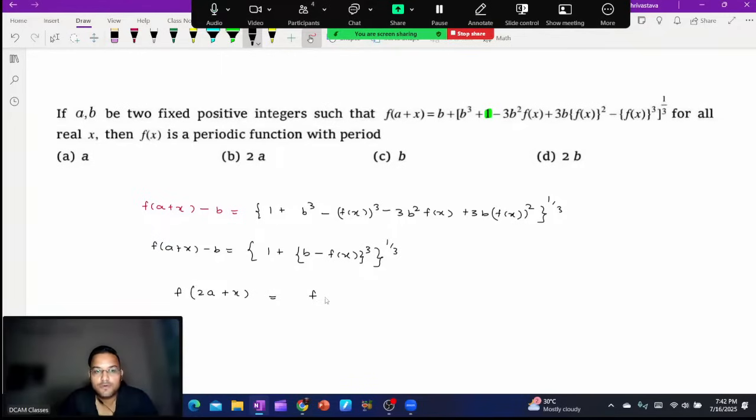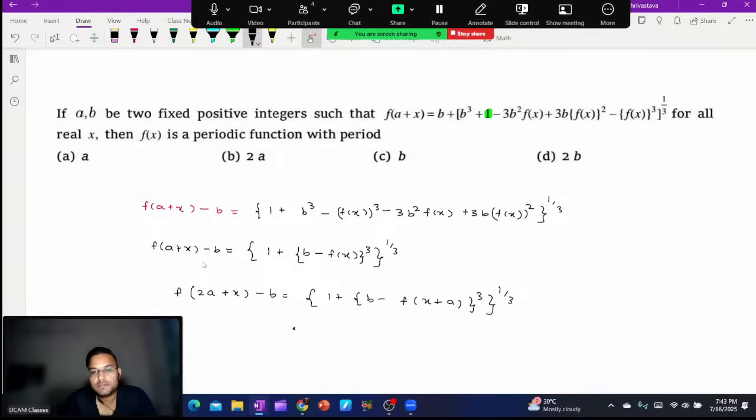It will be f of, if we take f of 2a plus x minus b, it will be 1 plus b minus f of x plus a whole cube whole power 1 by 3.